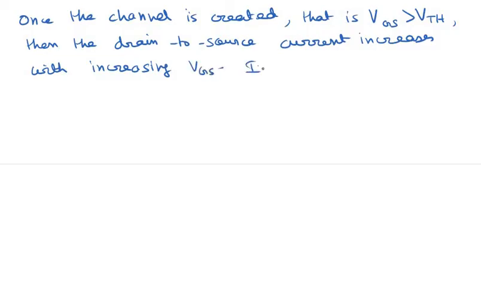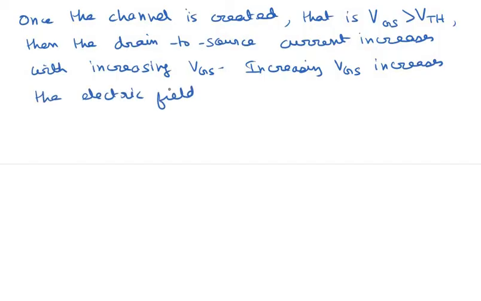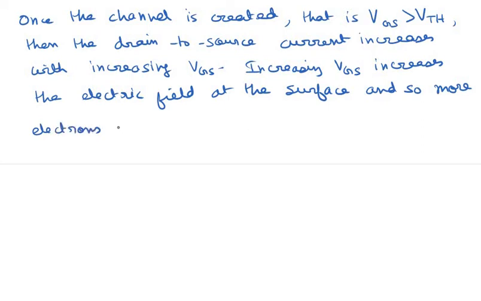This is because increasing VGS increases the electric field at the surface, and so more electrons are induced at the surface, or more electrons are attracted towards the inversion layer.